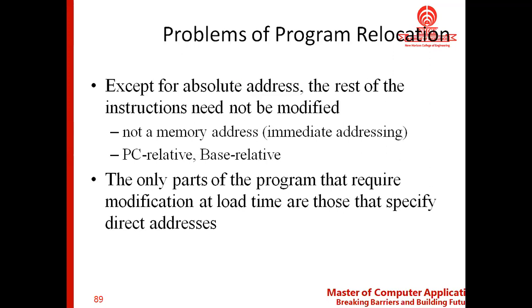Since most of the instructions follow direct addressing, the target address will be calculated based on the address of the symbol. So if the starting address changes, definitely the address of the symbol also changes, because of which the object code also changes.